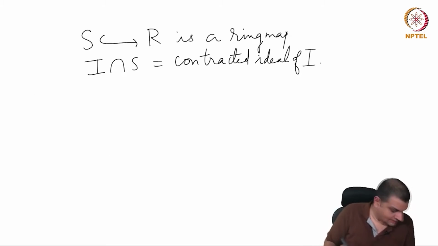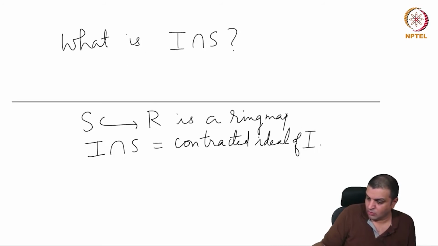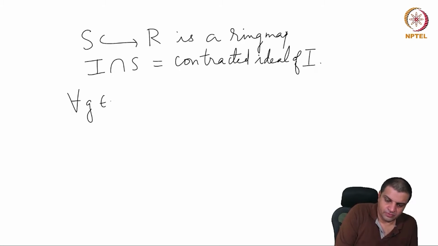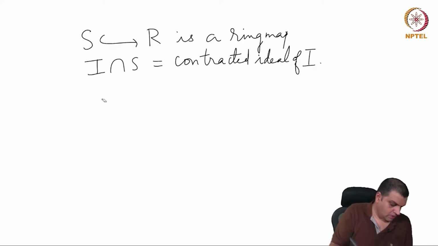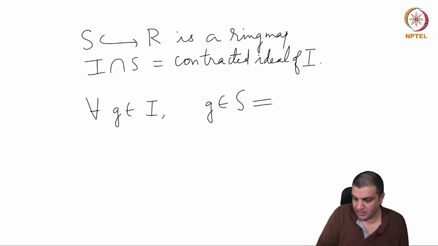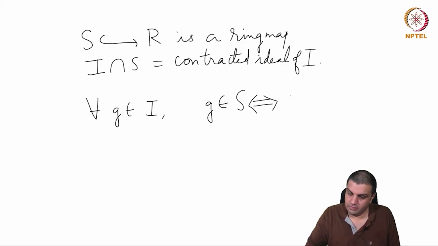So let's think about what sort of elements belong to I contracted to S. For all g in G, g belongs to S if and only if the initial term with respect to lex of g is less than x1.